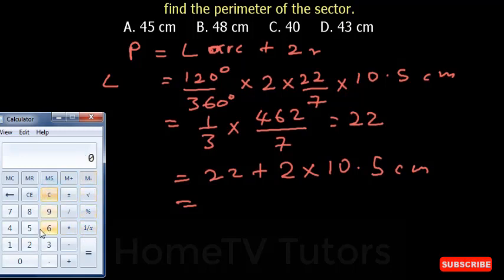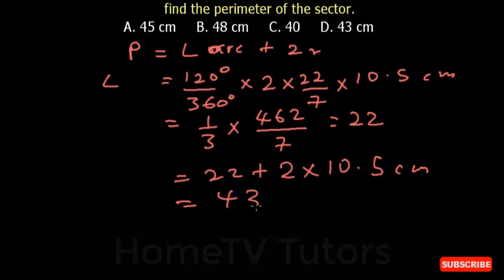Let's do it this way: 2 times 10.5, we have 21, plus 22, so we have 43 centimeter as the perimeter, and that corresponds with the answer option D.